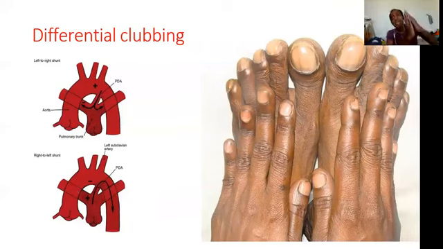But because the PDA is causing a right to left shunt, it enters the lower limbs only, or predominantly the lower limbs there. So you get clubbing in the lower limbs only. This is called differential clubbing. It's a bit of an interesting finding. Okay, it occurs in a reversal of a patent ductus arteriosus.